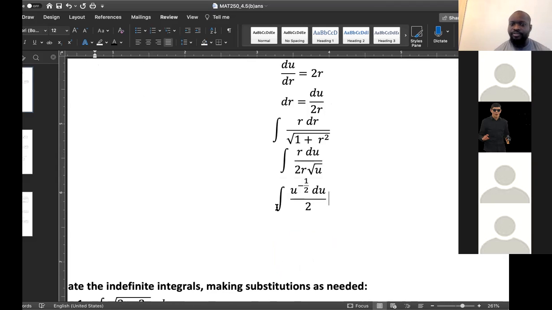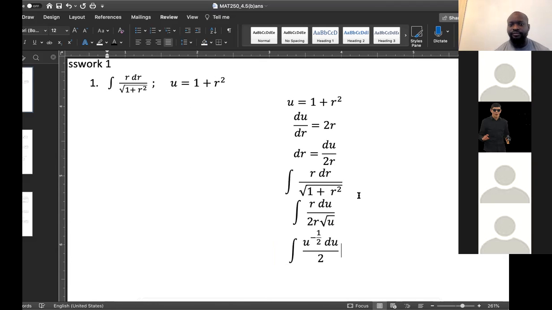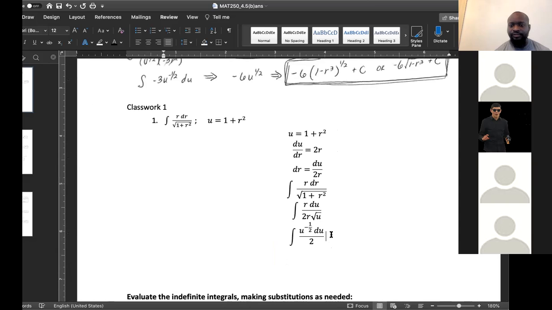Do we understand up to this point still? So this is all I'm integrating. So when I integrate u to the power minus half, because there is u to the half under, square root of u is under, so when I bring it on top, it becomes u to the minus half.